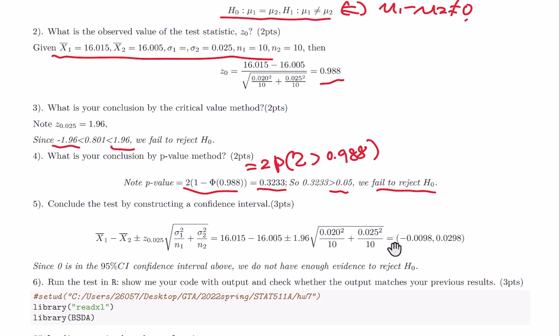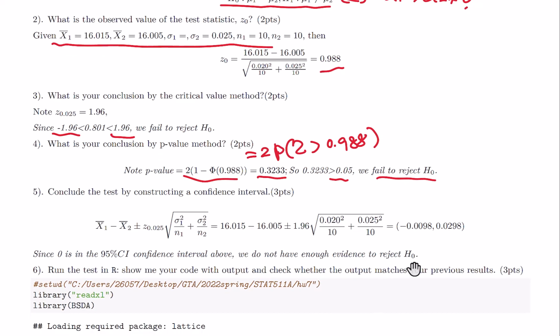Is 0, this hypothesis value, in this interval or not? Of course, it's in it, because the lower end is negative and the upper end is positive. So 0 must be in it. That's why we do not have enough evidence to reject the null hypothesis.